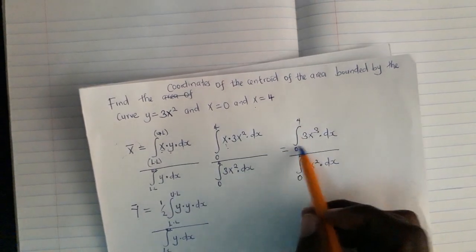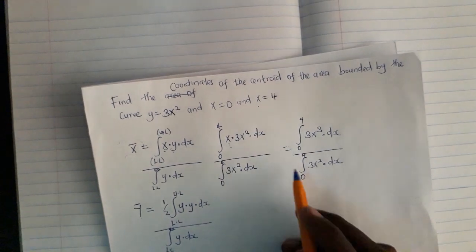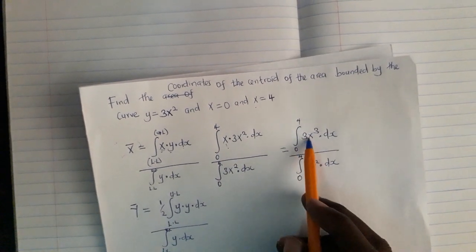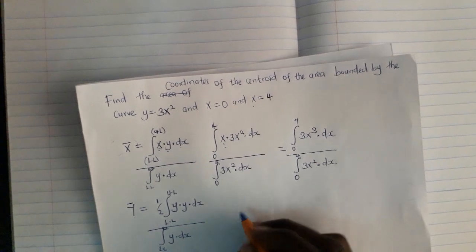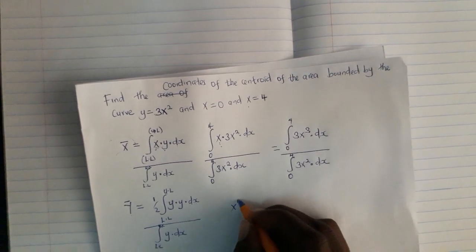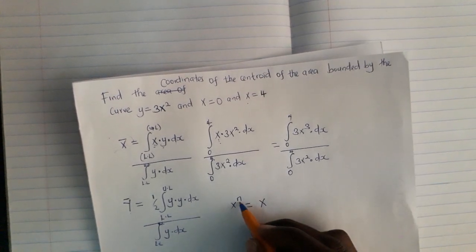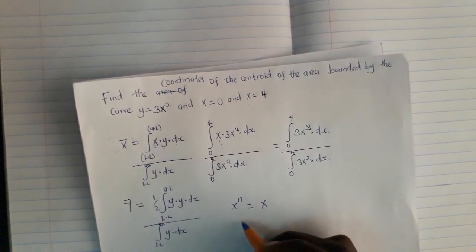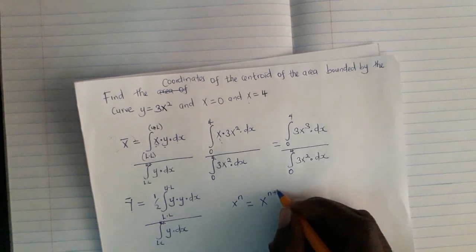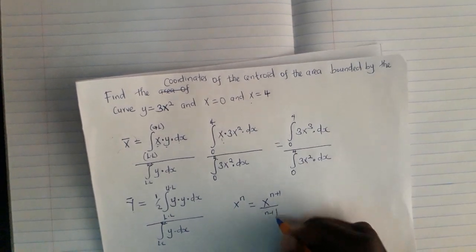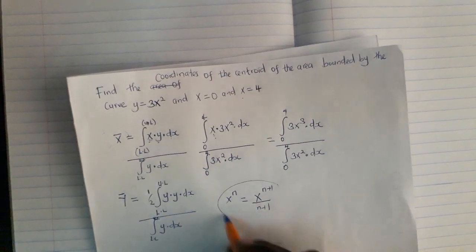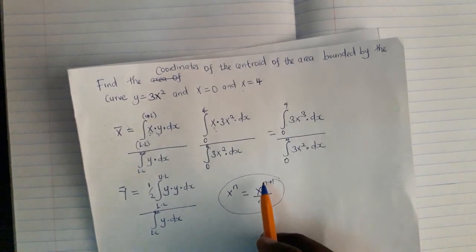So let us deal with the numerator first. Let us integrate 3x power 3. For example, if you integrate x power n, you get x, and then the power, you add 1 to the power, then divide by the new power, which is x power n plus 1 over n plus 1. So let us use this criteria here to integrate this one.